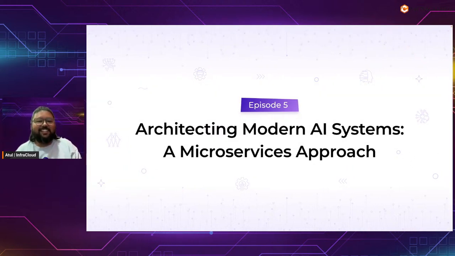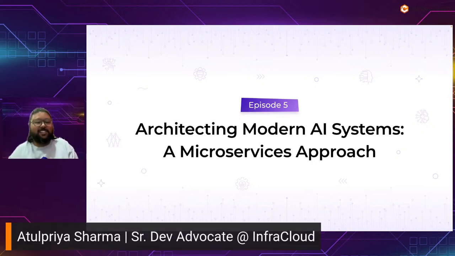Biryani is a dish that has a lot of complex elements in it, right? You need proper ingredients: the right amount of rice, the right quality of rice, the spices, the meat, the aromatics. Each of these has to be cooked in perfect proportion and then combined together. And building AI systems is exactly like that. So today's webinar will be about that.